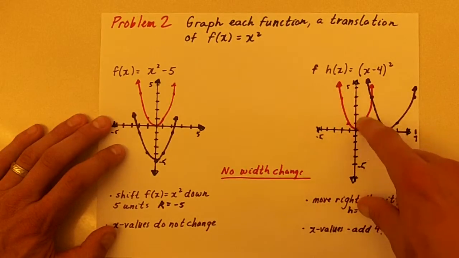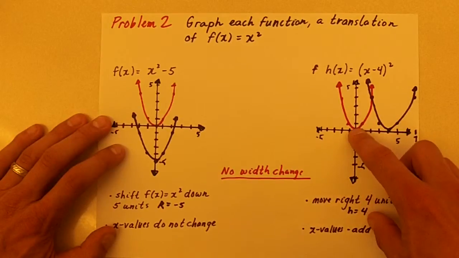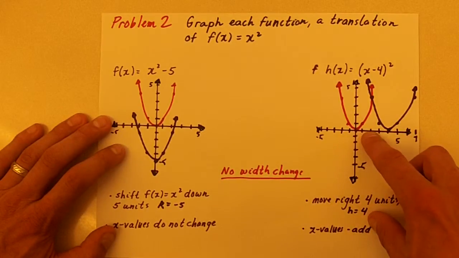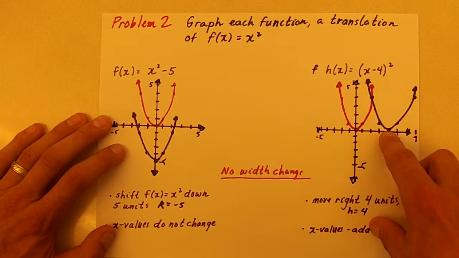So in red is our parent function. And so we're going to move all these points 4 units right. So 1, 2, 3, 4. So our new vertex is 4, 0.